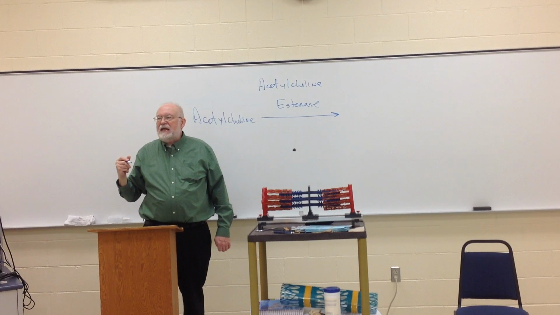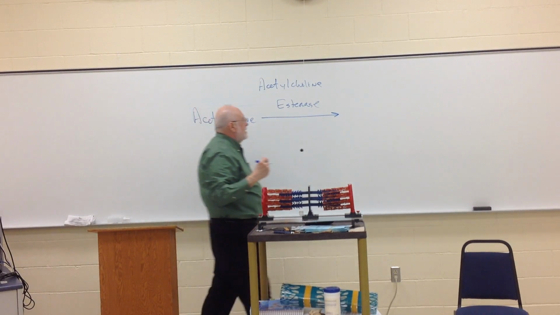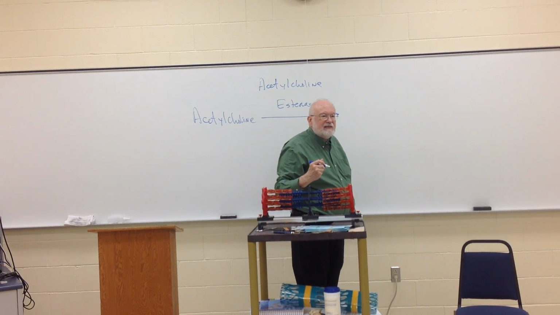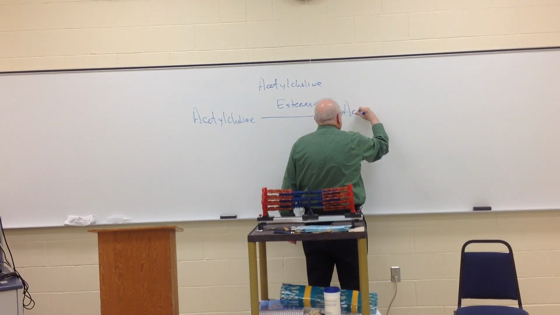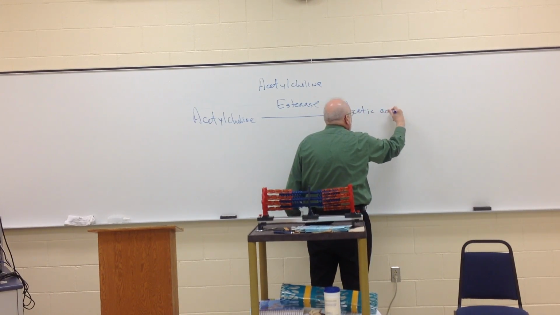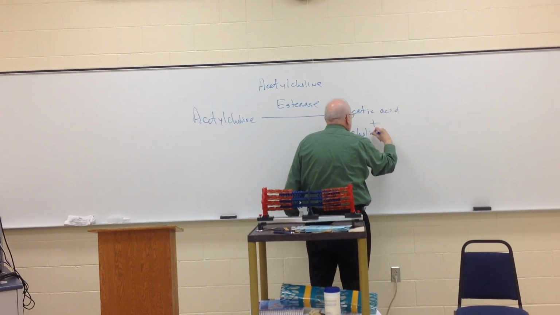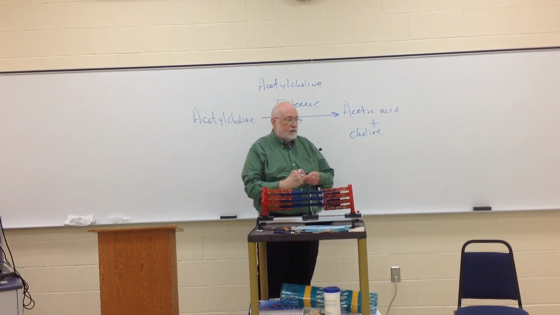And acetylcholine esterase is an enzyme. And what does it do? Well, it basically neutralizes acetylcholine. It turns it into acetic acid and the amino alcohol choline. Breaks it down, in other words.